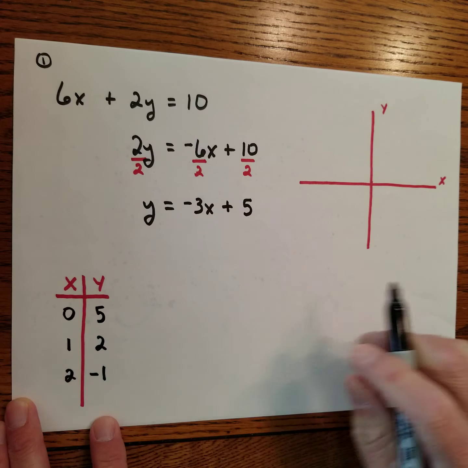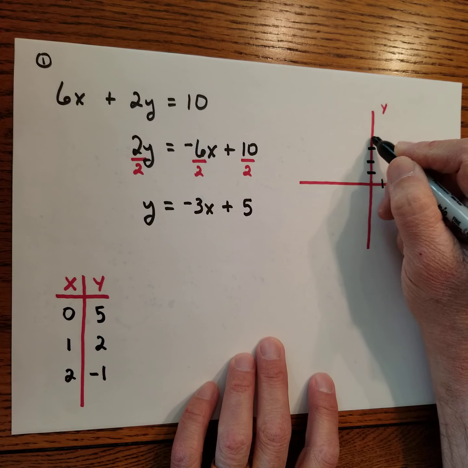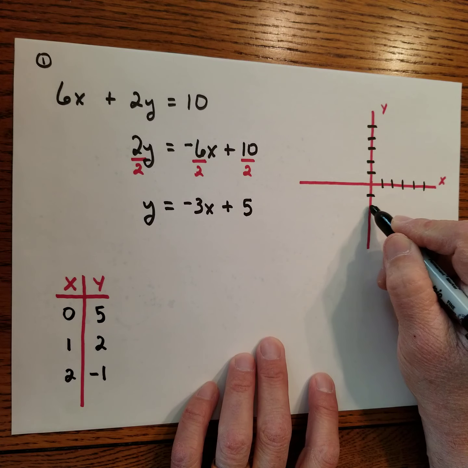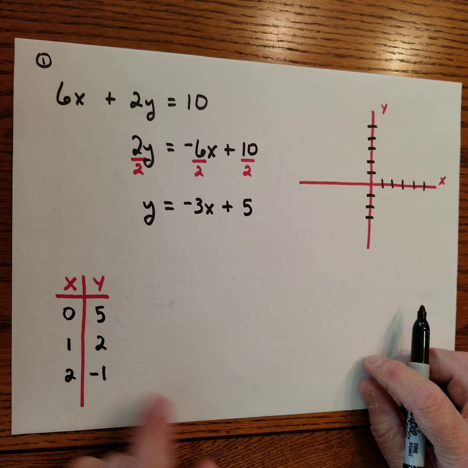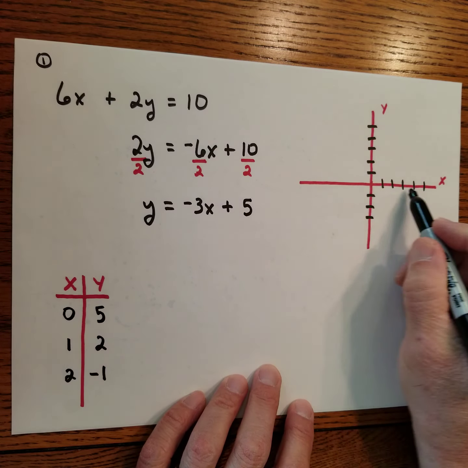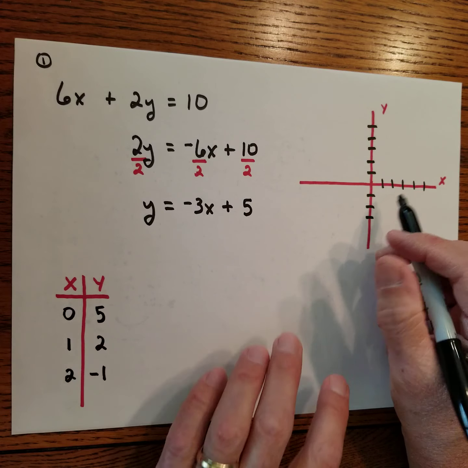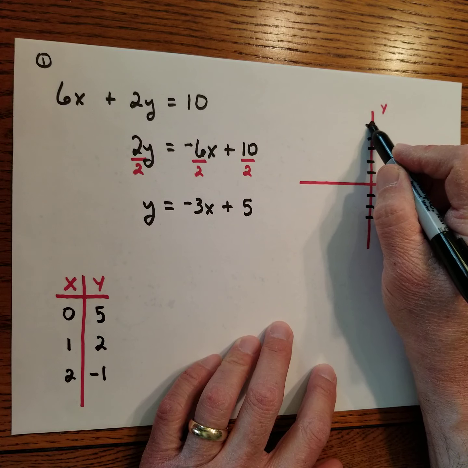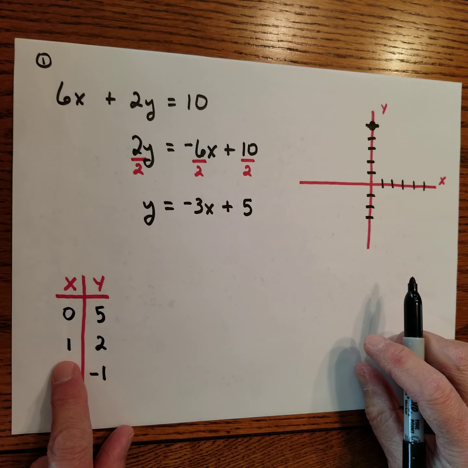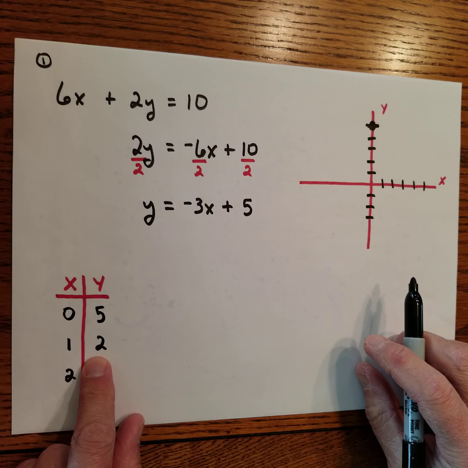Let's plot those 3 points on my graph. When x is 0, y is 5. 0 left and right, 5 up. When x is 1, y is 2.